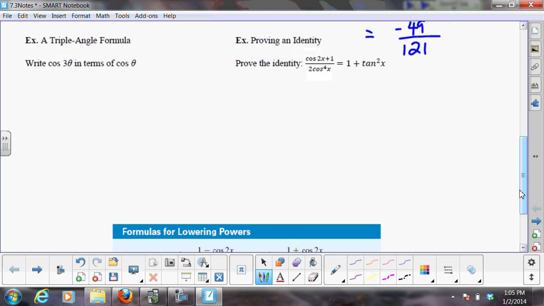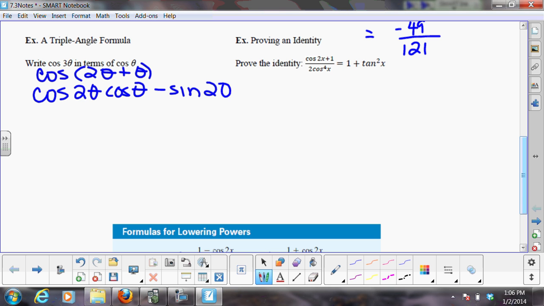The triple angle formula. Why not? We'll do it. Cosine 3 theta is equal to cosine of 2 theta plus theta, which is actually a sum formula from the previous section. So cosine 2 theta cosine theta minus sine 2 theta sine theta.